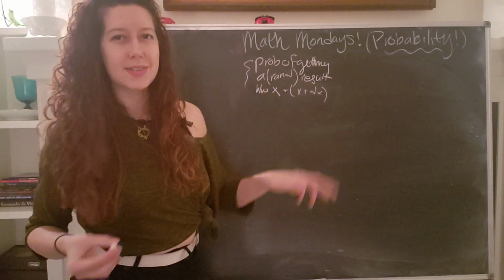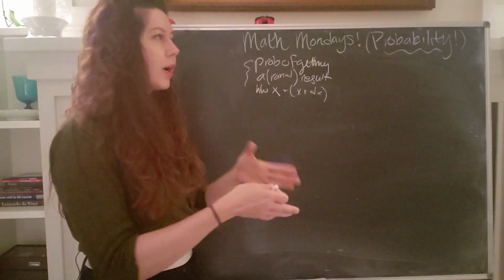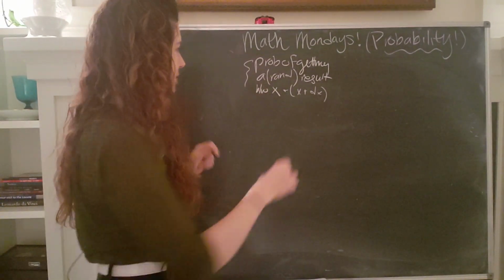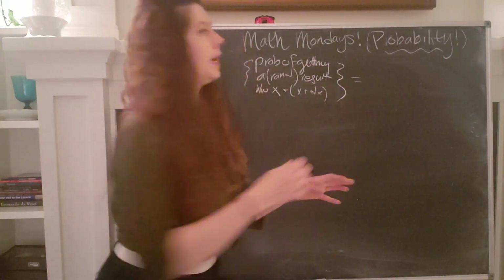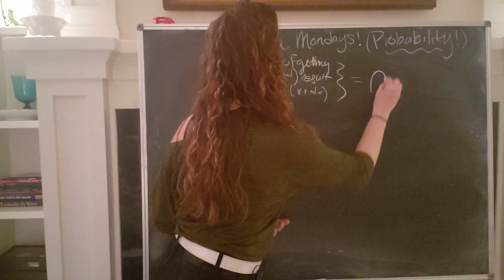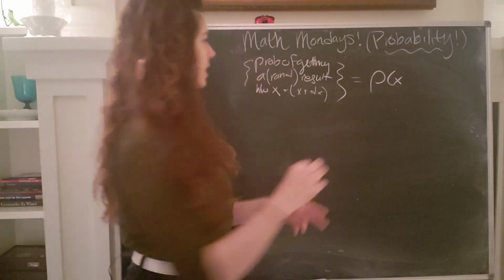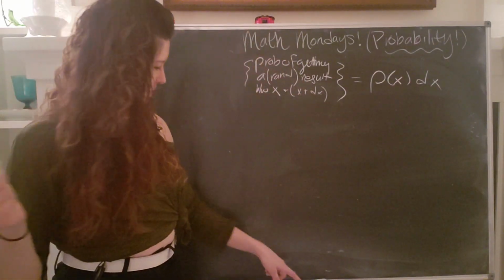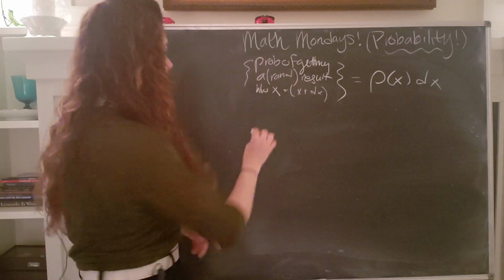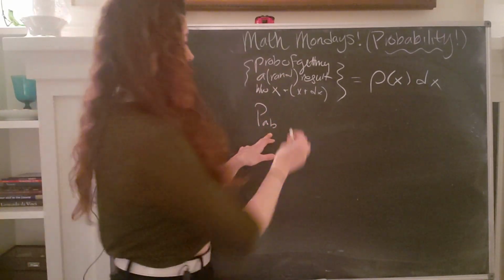Remember, dx is called an infinitesimal number, aka it's trying to break things into pieces as small as possible. So instead of a discrete probability, we have a probability density, which is represented by the Greek letter rho, which kind of looks like a lazy P.